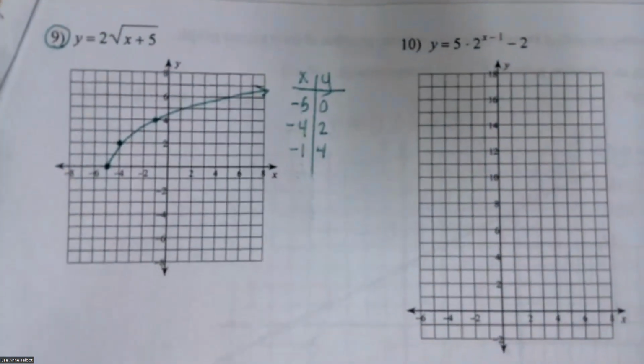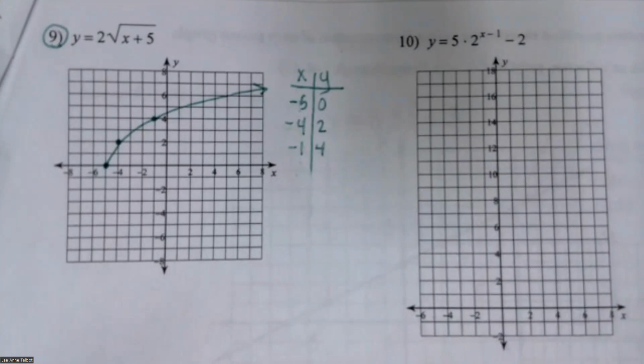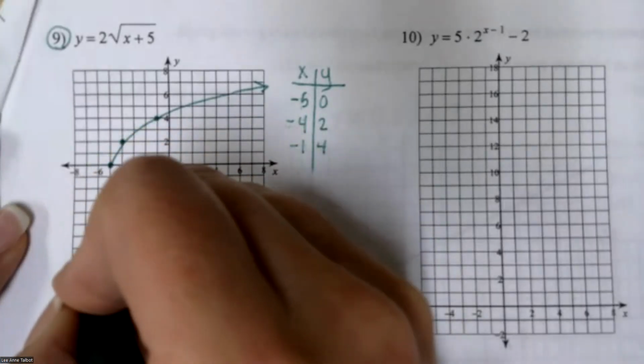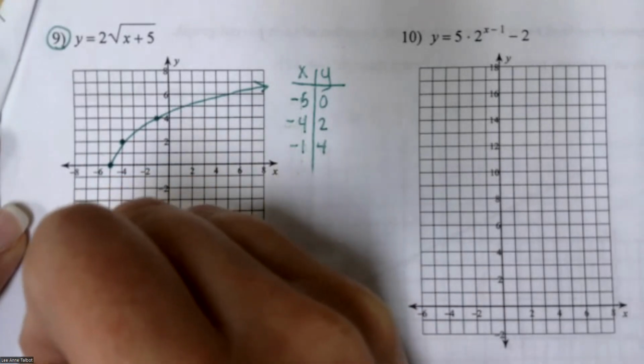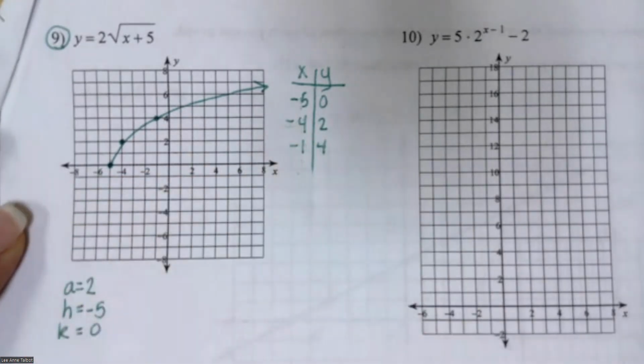Most of the time when I give you square root graphs, I let you use a calculator, but this is a really good way to make a table quickly without a calculator, just for your information. So A is 2, H is -5, K is 0.